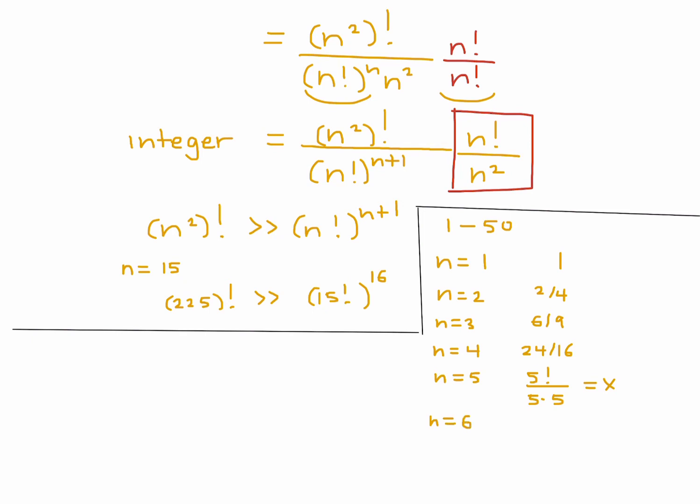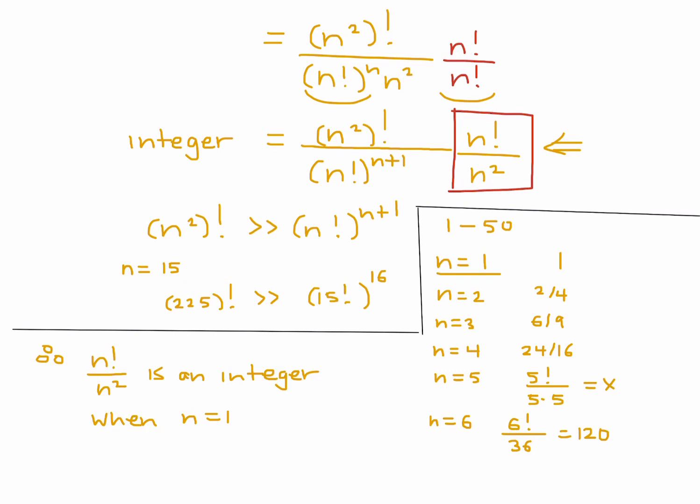How about n equals 6? That is going to be 6 factorial over 36. And that actually gives me 120. And you can keep going like this. And when you do, you hopefully will come to a conclusion that this n factorial over n squared is an integer when n is equal to 1, like we showed here, or n is not equal to 4, right?